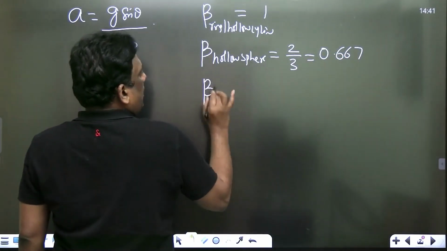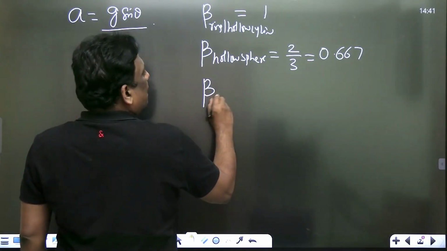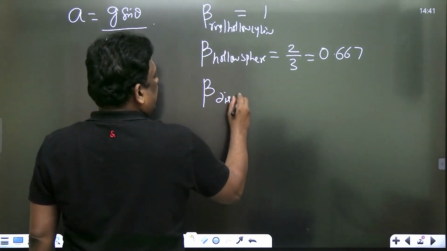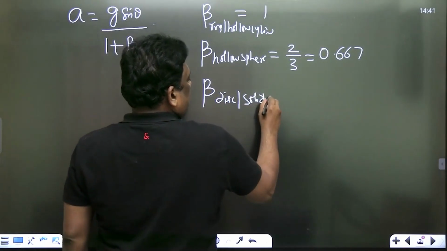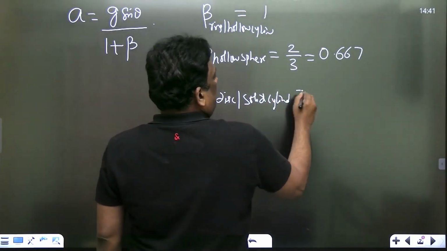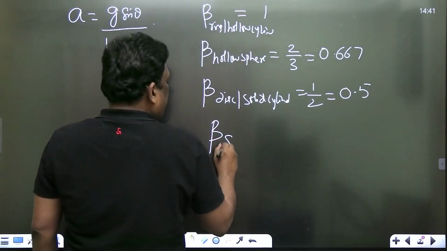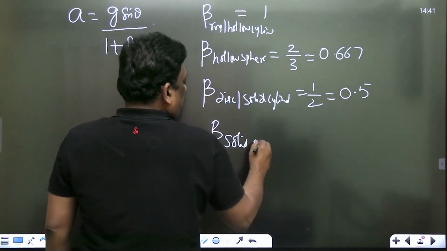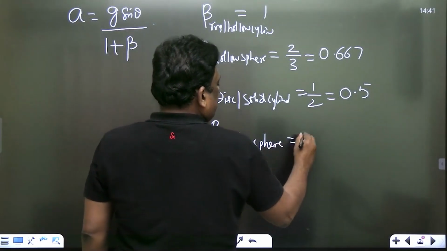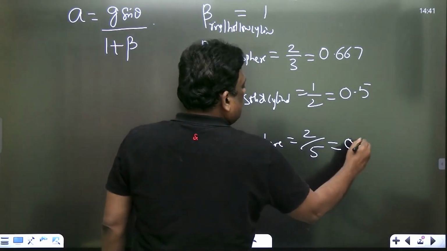And beta for, for which one, sir? For a disc or solid cylinder, it is half, that is 0.5. And beta for solid sphere is 2 by 5, which is 0.4.